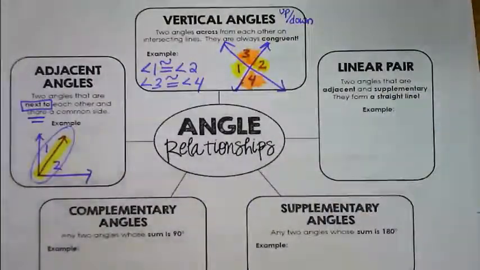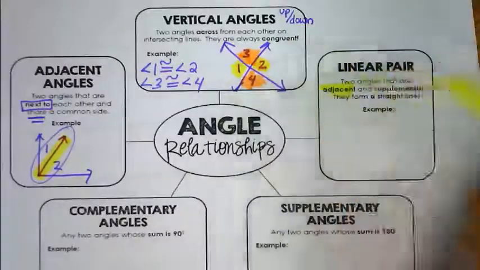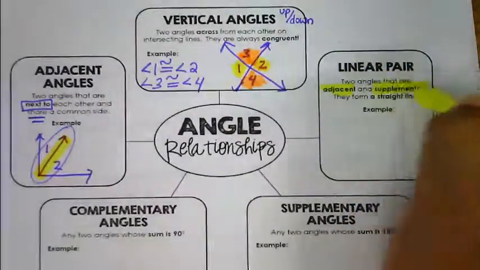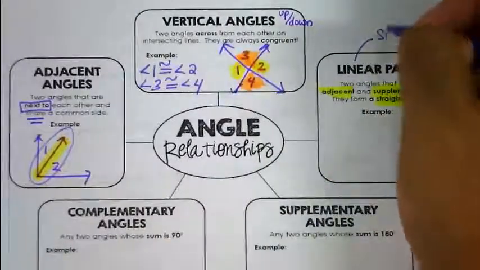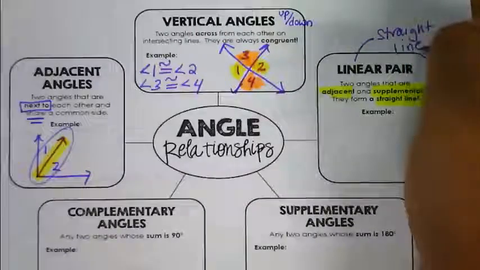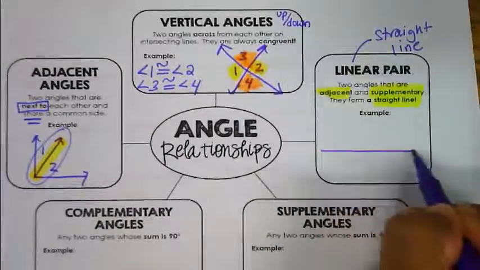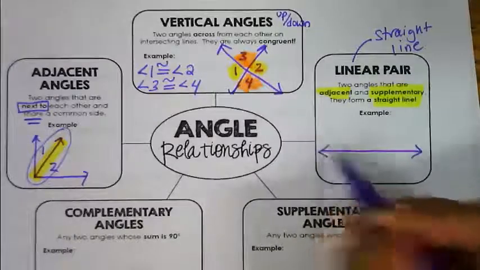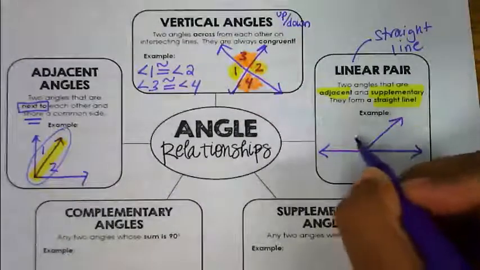Now these are two angles that are both adjacent and supplementary, and they form a straight line. When you think of linear, I want you to think of straight line. Okay? And we're going to talk about the difference between linear and supplementary, because they mean almost the same thing, but there's a difference.